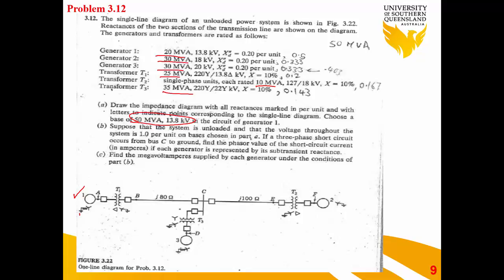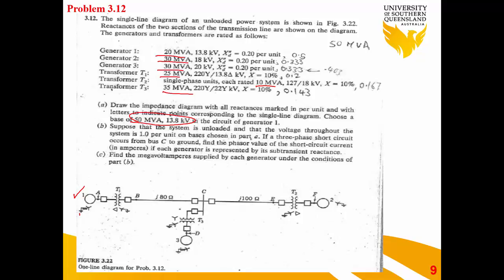That's fine. If you change to the selected base, what will happen and how do you do that? The voltage rating is not affecting, so you transfer the old base to the new base.